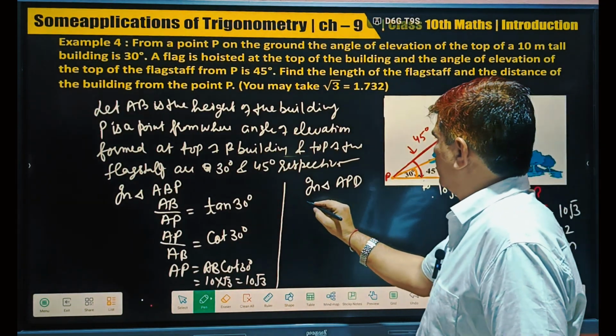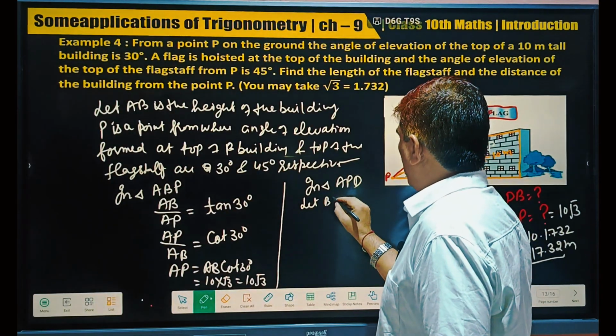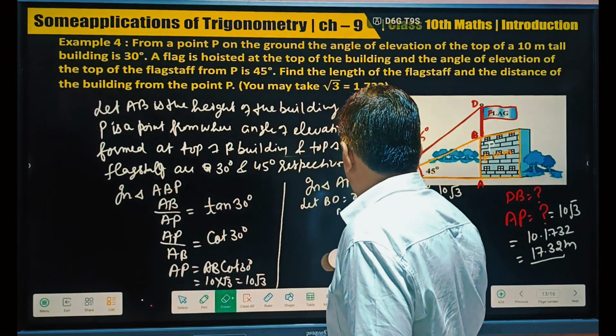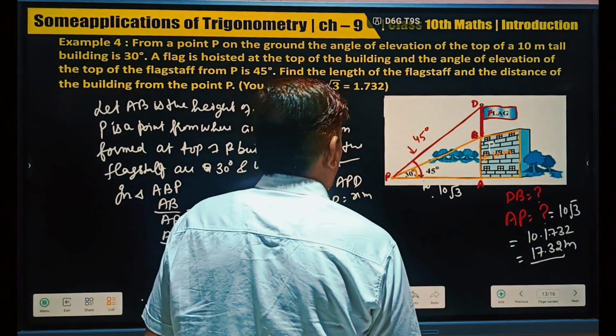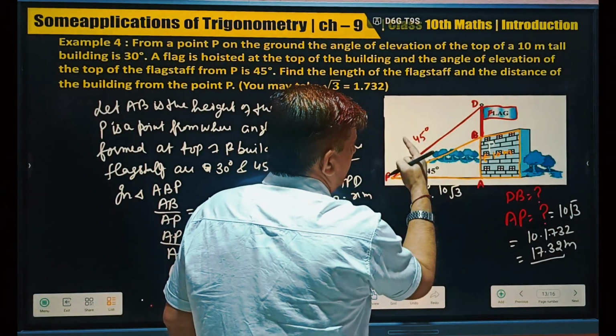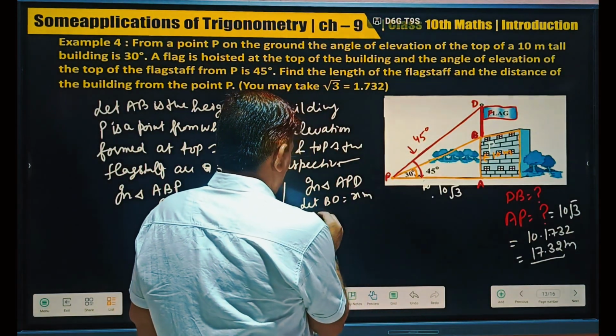In APD, let DB or BD equal X meter. X meter. Yes or no? So in triangle APD, what angle is formed? 45 degree. So what can we say?